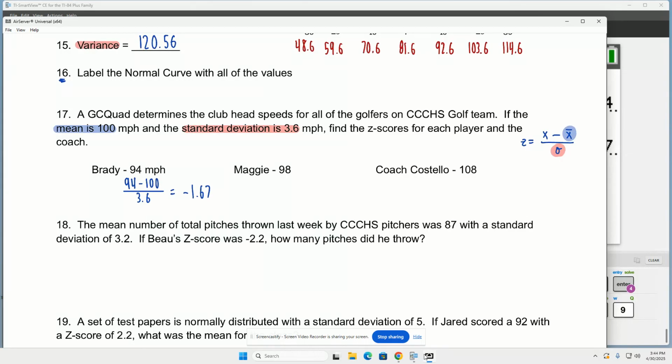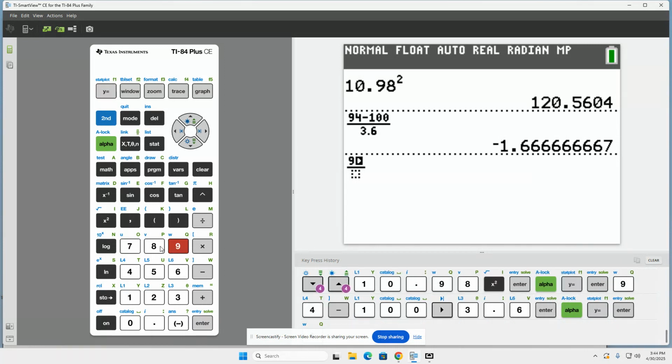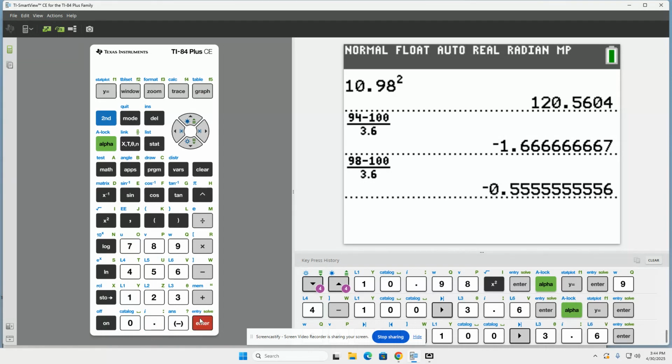Second one, Maggie's. We're going to plug 98 in here. Minus the mean, 100, divided by the standard deviation, 3.6. So I go back to my calculator. Alpha, y equals number 1, 98 minus 100 divided by 3.6. Enter. So here we get negative 0.56.